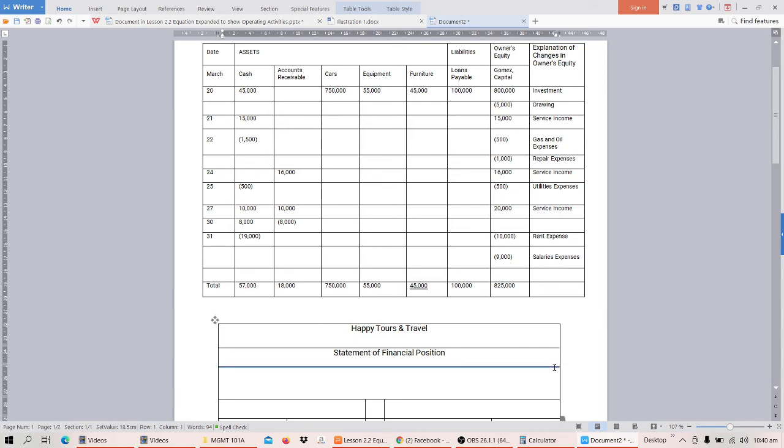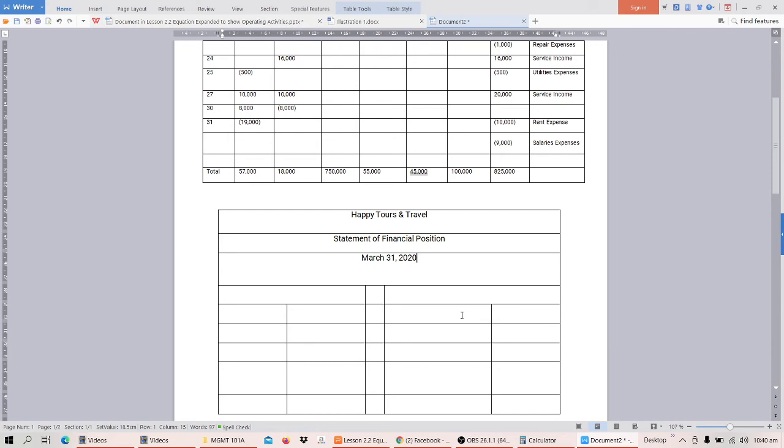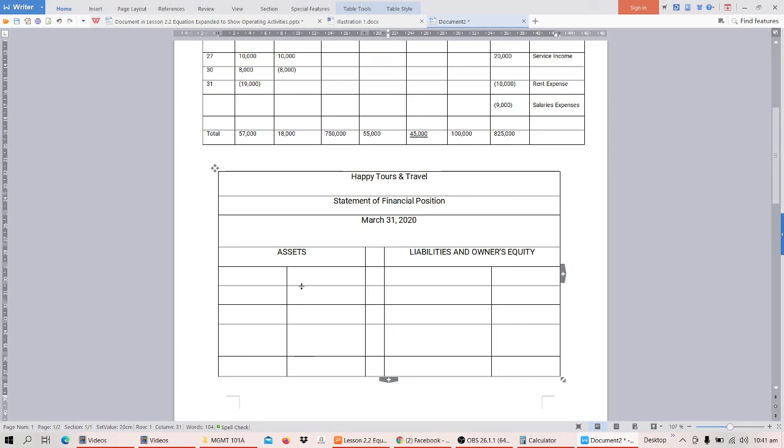So here it's March 31, 2021. Okay. Before we use 2020. Okay. So your asset, then liabilities and owner's equity. Okay. So start with your cash.